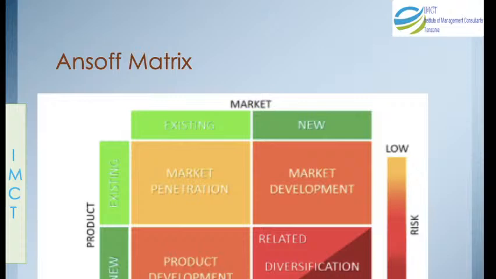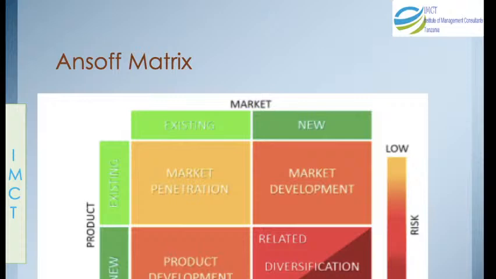Number 2 is market development, offering the existing product to a new market. So the first one is to the existing market. Now you're expanding to Congo or to another region in Tanzania. That becomes market development. There's market penetration using the existing market with the existing product, or going further to offer the new product.